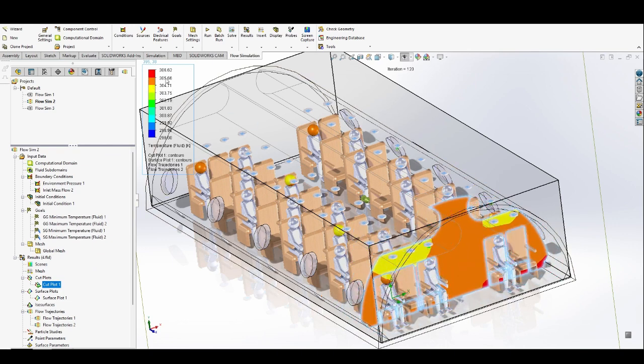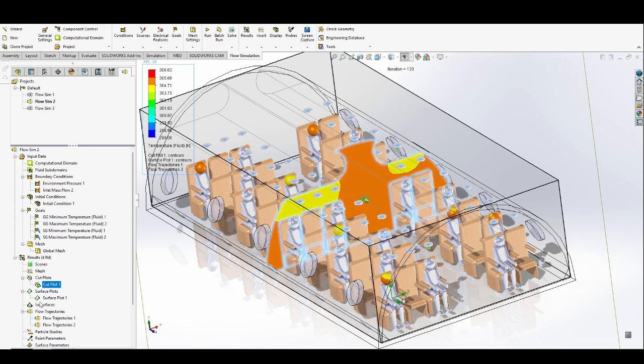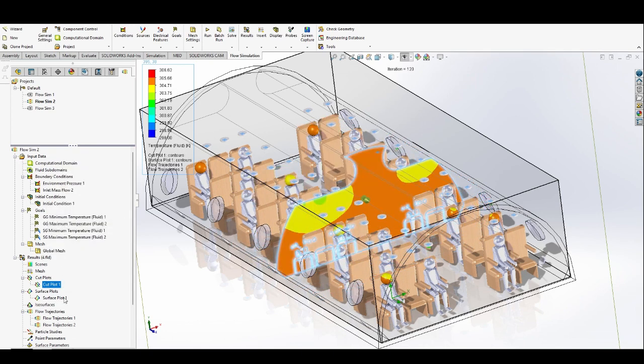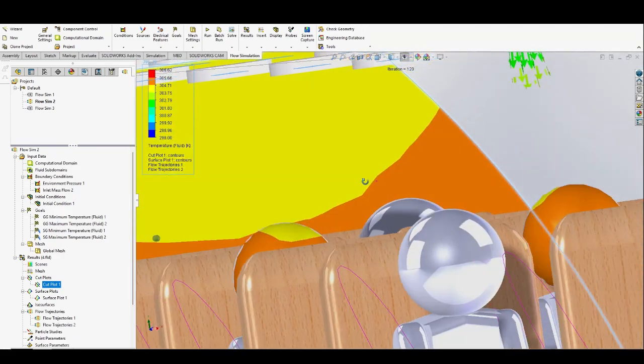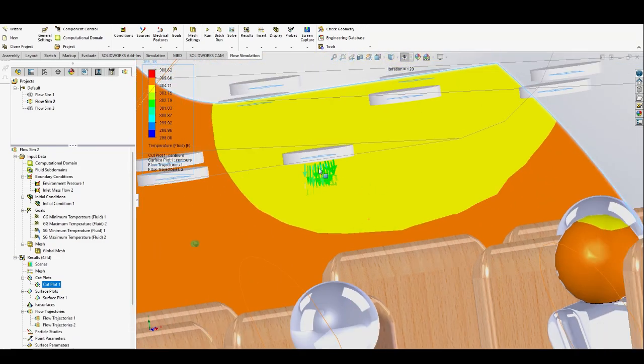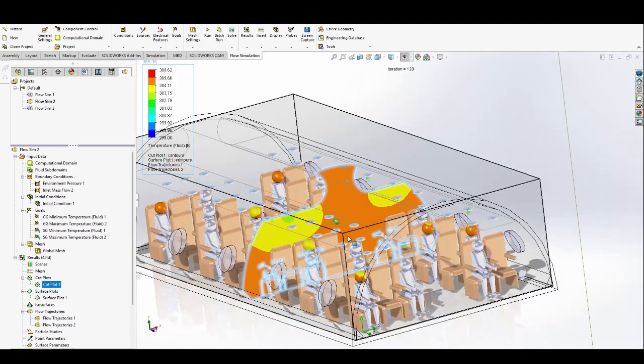That's about 90 degrees Fahrenheit. Not really comfortable for our passengers, not what we wanted. And the flow trajectories, if I zoom in here, are really, really weak. That's why it's really warm in there. These passengers are heating this cabin up, and there's not much flow keeping them cool.